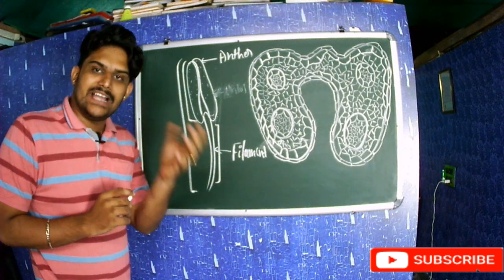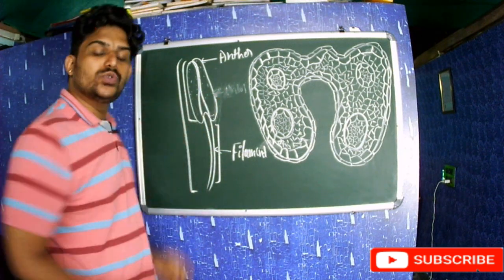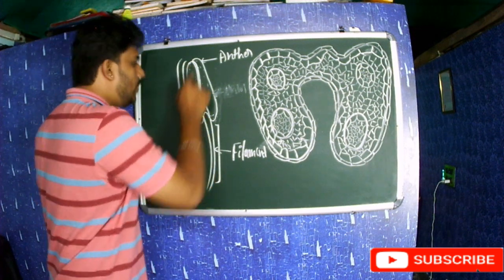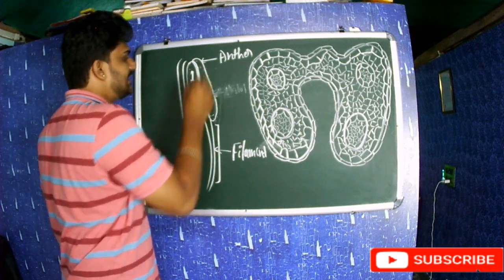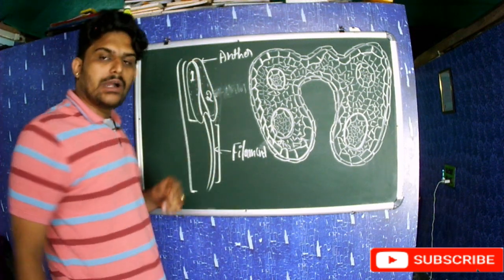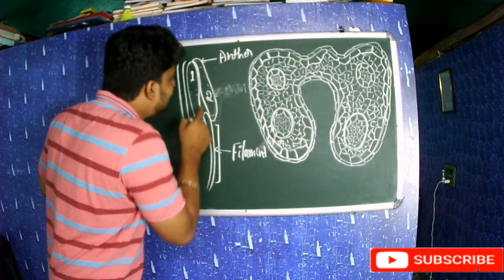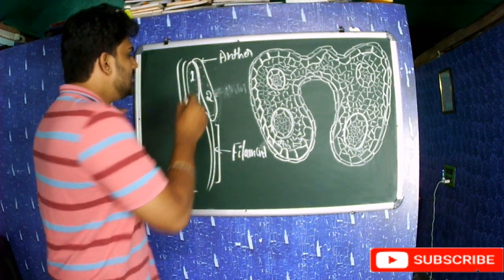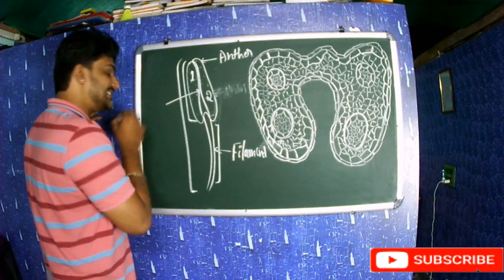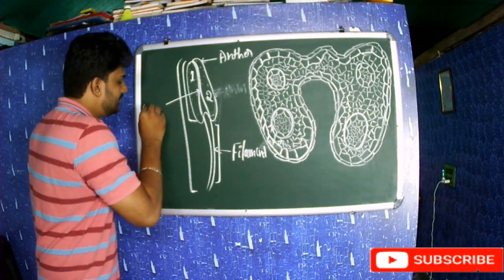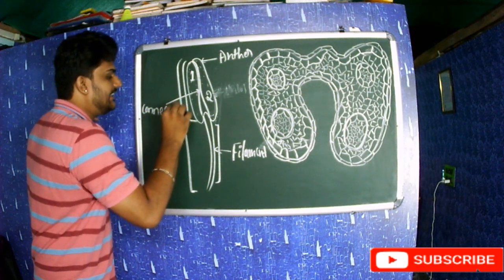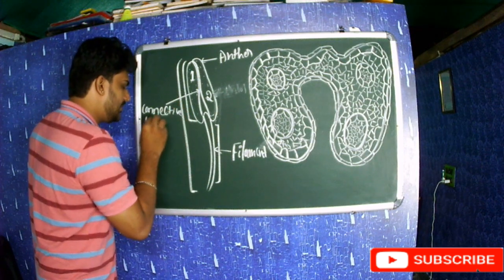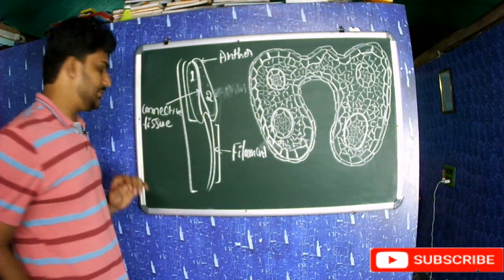So why is it called bilobed? Because it has 2 compartments. You can see here the first compartment and the second compartment, connected with each other. The name itself suggests it, the connective tissue, right?